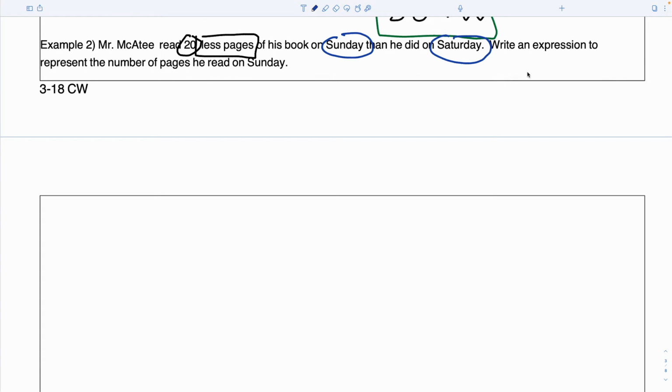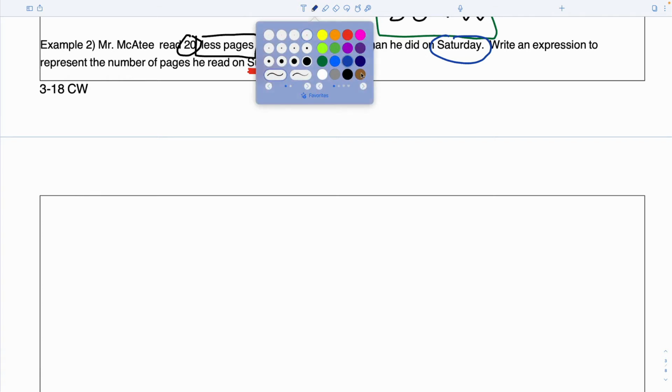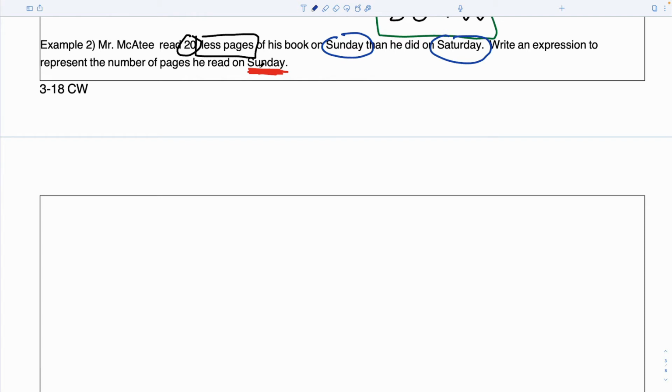We want to represent the number of pages he read on Sunday. So this is going to be the answer, but we don't really need it in the expression. We're looking for Sunday's. And if he read 20 less pages on Sunday than he did Saturday, what could my variable be? Would my variable represent Sunday or Saturday's missing amount?